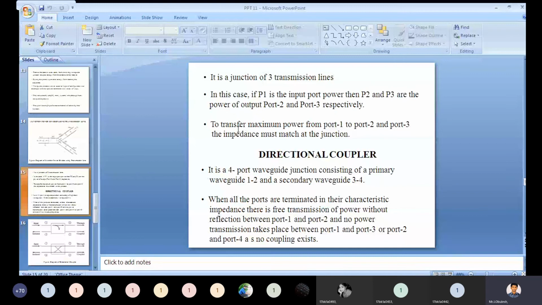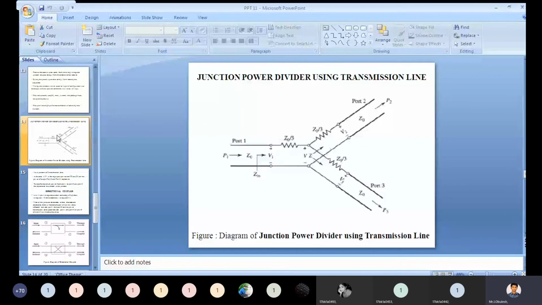To transfer the maximum power from port 1 to port 2 and port 3, what is required?